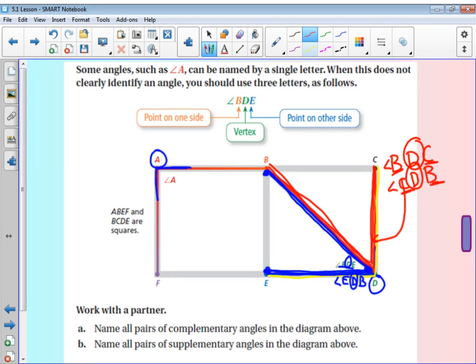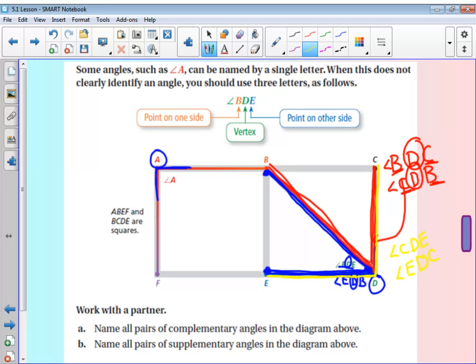Okay, if I were to do the yellow angle there, well, I could go from C to D to E. So I could do angle C, D, E, or I could reverse that and do it the opposite way. So angle E, D, C. Okay, so that's working with naming angles according to a three-letter combo.